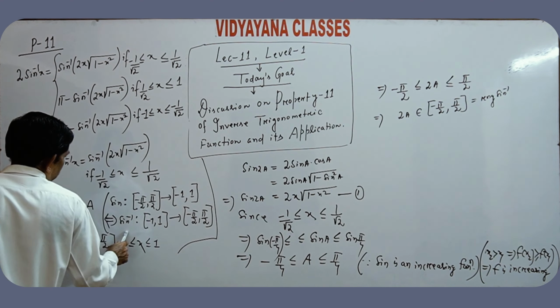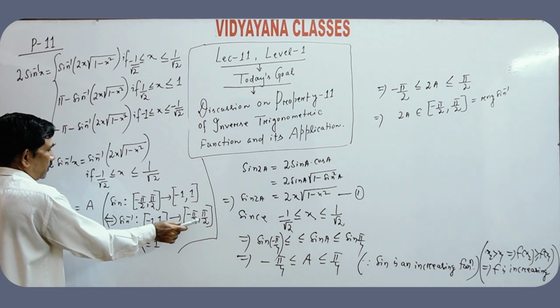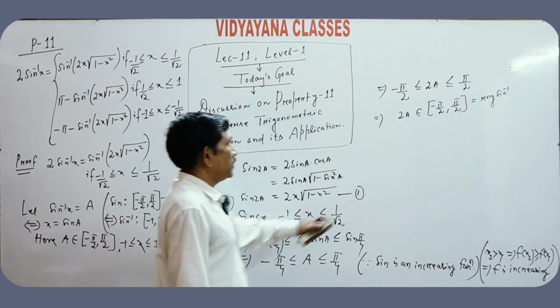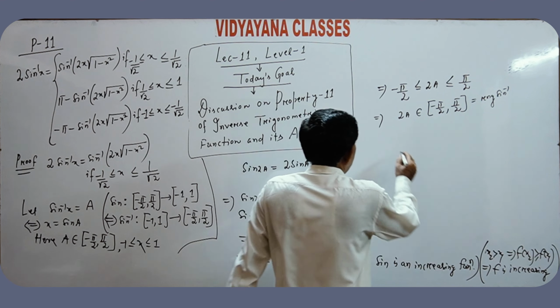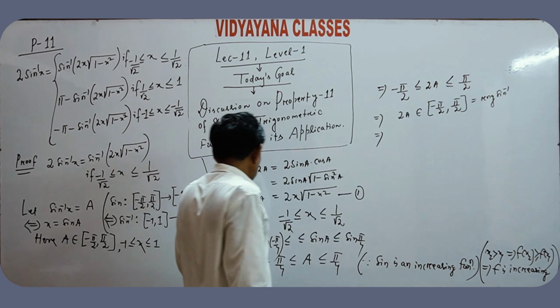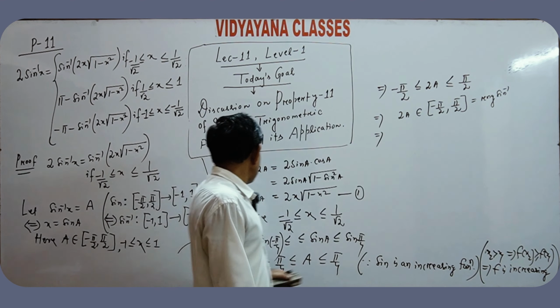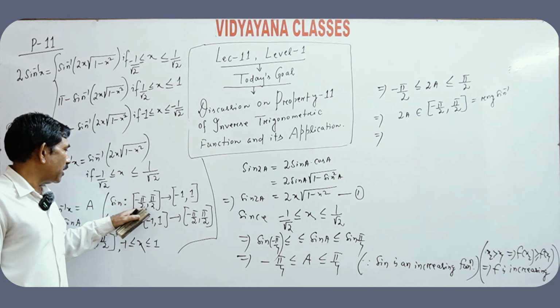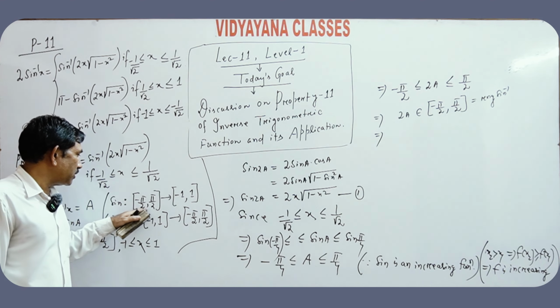The range of the sine function is this. 2a belongs to this interval, which implies this. When 2a belongs to this interval, the sine function is invertible, when the angle belongs to this set.